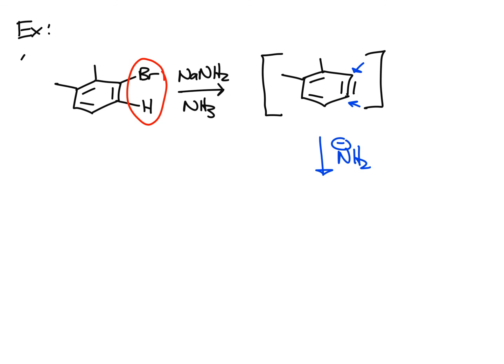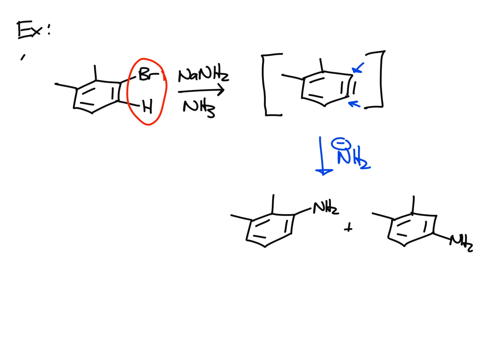So draw products for both. If it adds to the top carbon, we get this product. If it adds to the bottom carbon, we get this other isomer.